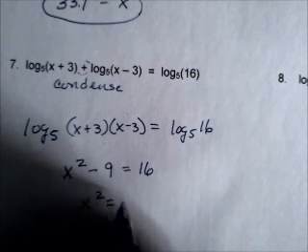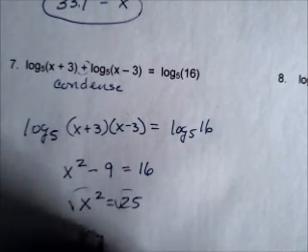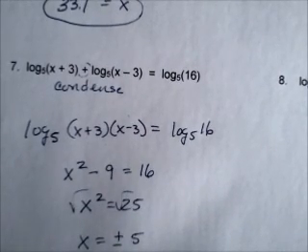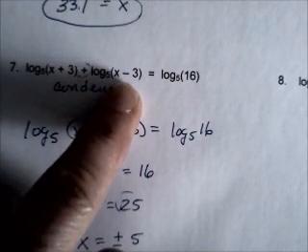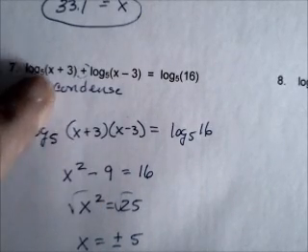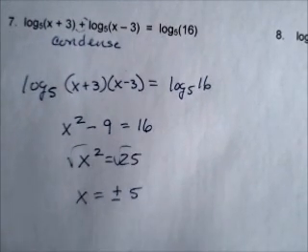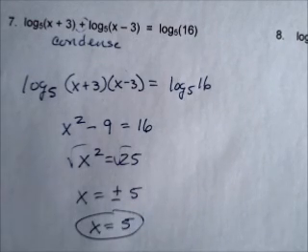I'm going to add and then take the square root of both sides, so x equals plus or minus 5. Positive 5, that'll be 8, and 2. Negative 5, that'll put us at negative 2 right there, so no. The negative 5 must be rejected. So our answer is only positive 5.